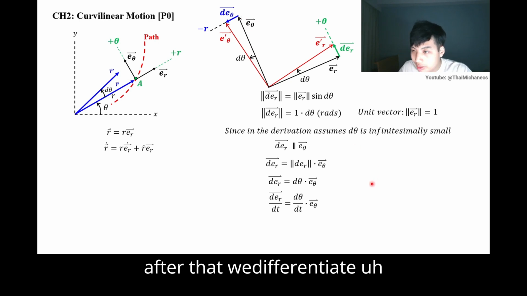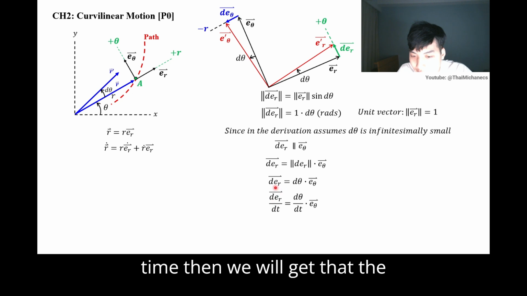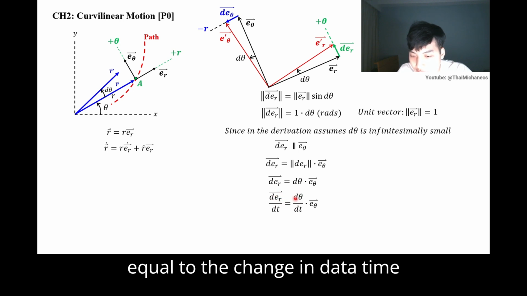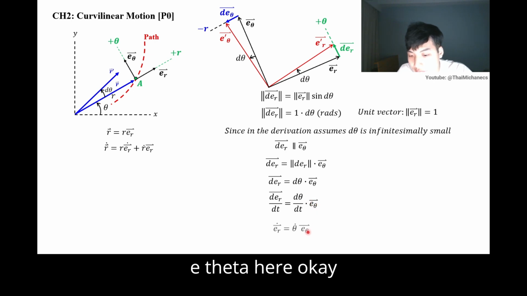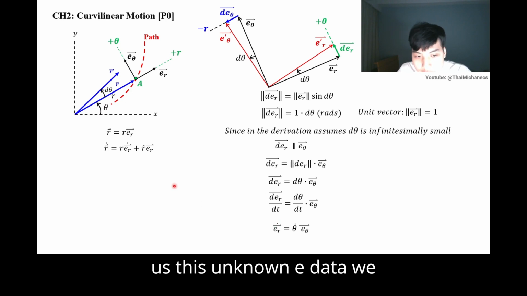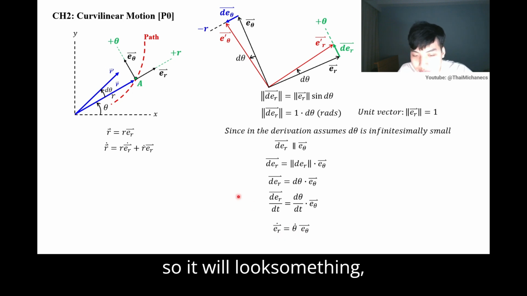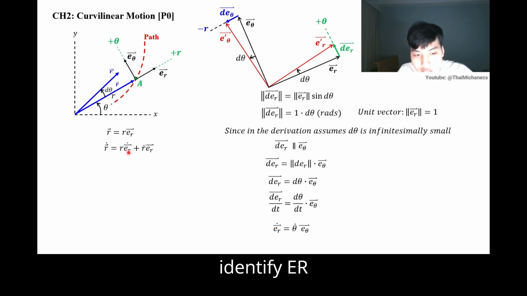Then after that we differentiate with respect to time, and we will get that the change in vector er equals the change in theta times e theta. Now this solves one problem for us: this unknown, we can use e theta to substitute it in. It will help us identify er dot here.